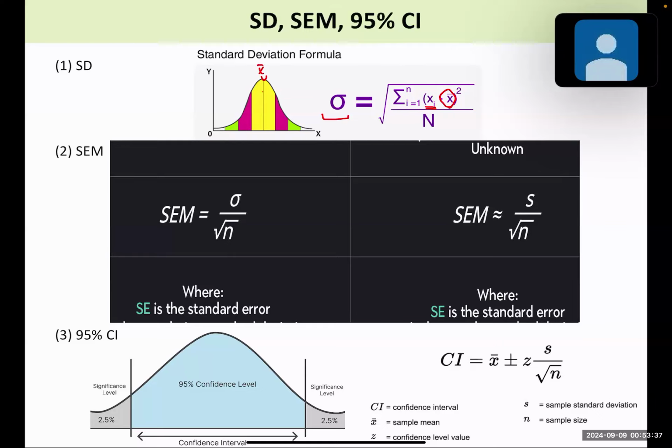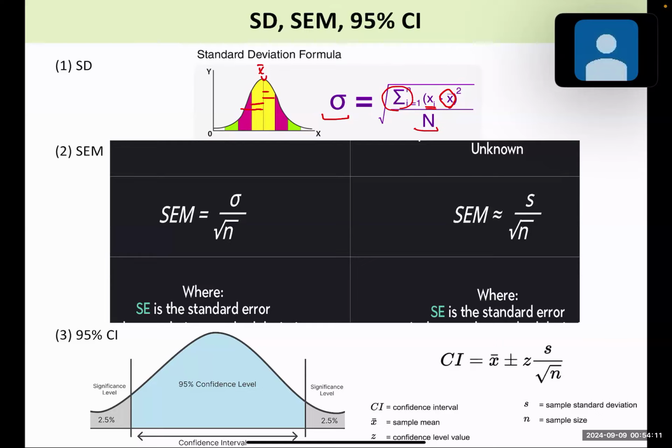So you sum all the distances of the samples from the mean, and then you divide by the number of samples, and then you take the square root. So standard deviation basically means how far the samples are located from the mean, right? So it basically explains the distribution of the samples. And standard error means you divide this number by the square root of n.